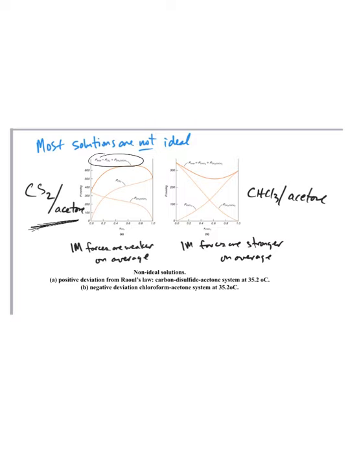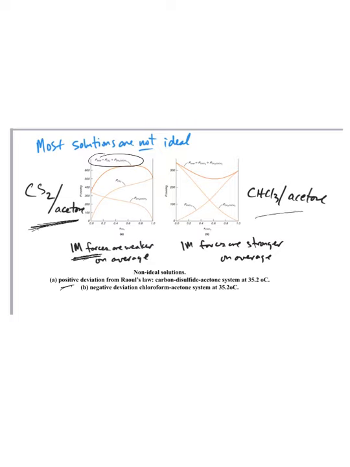What this basically means is that the intermolecular forces between carbon disulfide and acetone are really pretty weak, so these molecules would rather be in the vapor phase than stuck in the liquid phase. And so you could see this positive deviation.